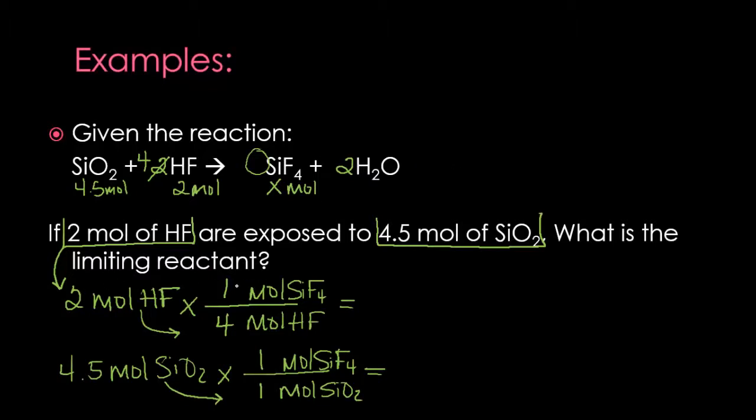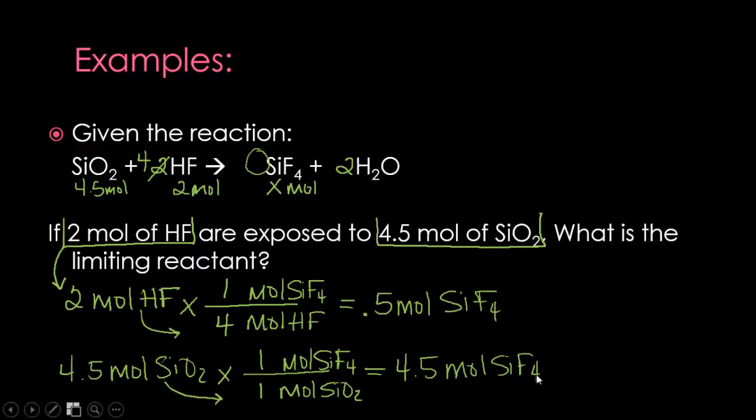Now all I need to do is do the math. So I have 2 times 1, which is 2, divided by 4, and I get 0.5 moles of SiF4. In this one, I have 4.5 times 1 divided by 1, and I get 4.5 moles of SiF4.